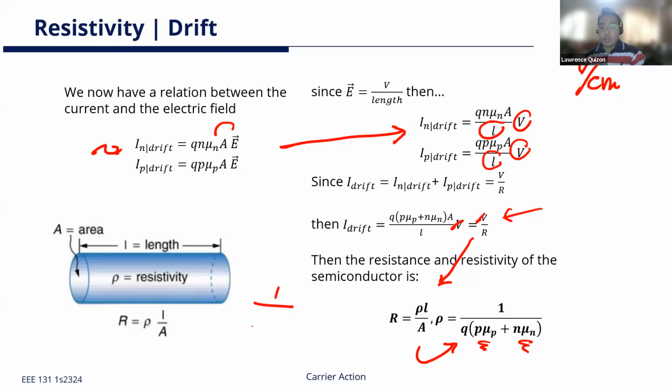So all you really need to remember from this concept, and it's actually quite a favorite concept to give problems on, is that if there's anything you would like to take away from this lecture, it would be that this is the resistivity, no?